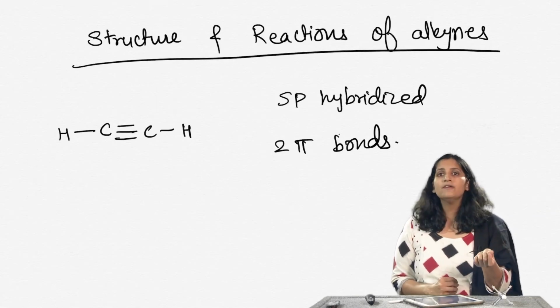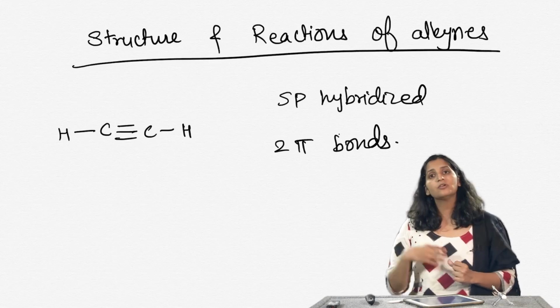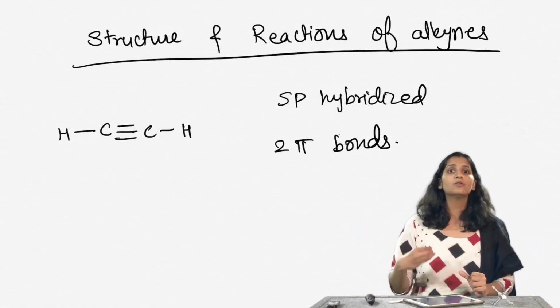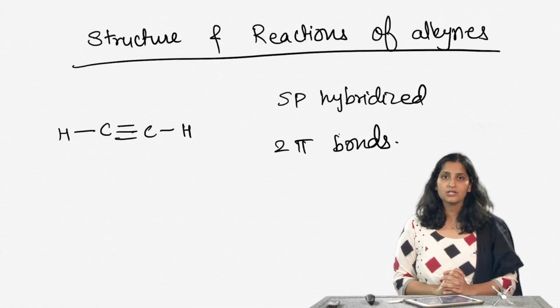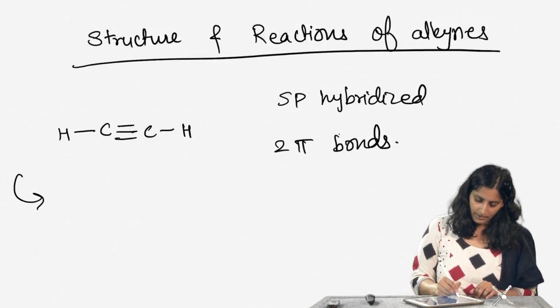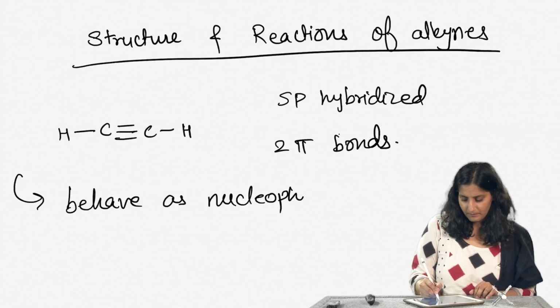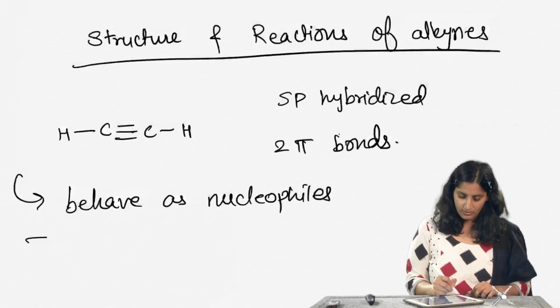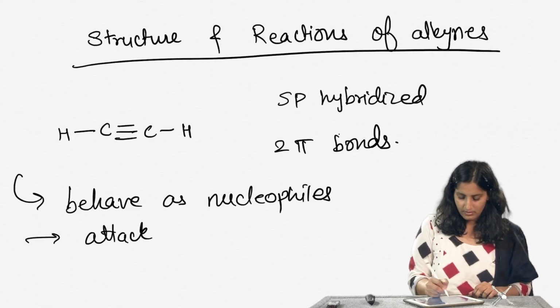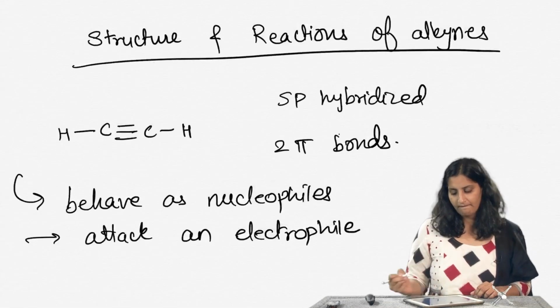Since it has a lot of electrons, it is going to act as a nucleophile, because it is going to look for nucleus, it is going to look for a positive charge. Okay. So, typically alkynes are going to behave as nucleophiles, meaning they are going to attack an electrophile, right.